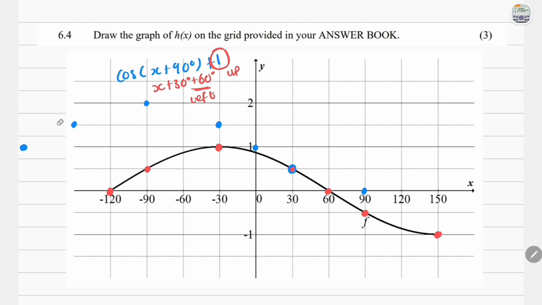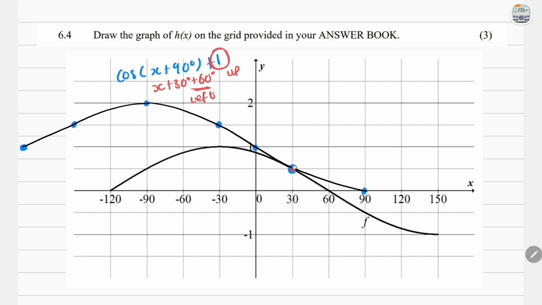Now, let me just draw this part out so that you can just see what these ones will be. And they really just repeat themselves, okay? So here we go. Let's draw that, sketch that curve. Okay, so like this. And now you see that what the graph is doing from here, okay, when it hits 0, if we move from 90 degrees to 30 degrees, that's 60 degrees to the left, right?